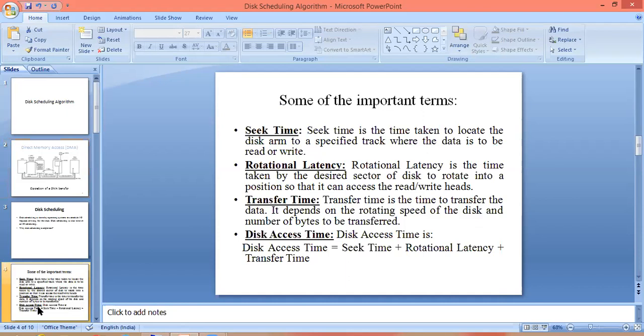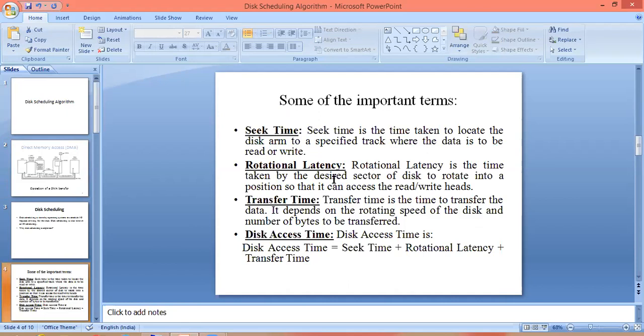So seek time is nothing but the time to locate the particular arm position where we can read or write data. That means identifying the particular sector where the data resides and where we have to read or write data for a particular I/O device. That time calculation is known as seek time.